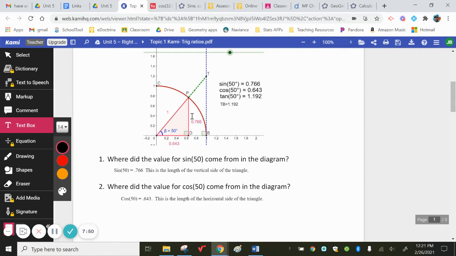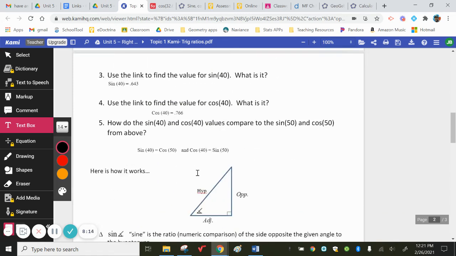But what happens when you divide any number by 1? You get the same number again. So the ratio for sine 50 is actually 0.766 divided by 1. But since it's divided by 1, it just stays at 0.766. And the cosine ratio is the ratio of the adjacent side with the hypotenuse. So again, this is 0.643 divided by 1, which is just 0.643.